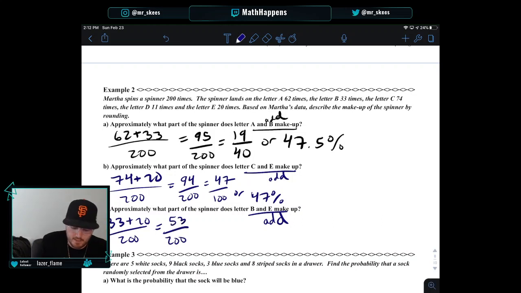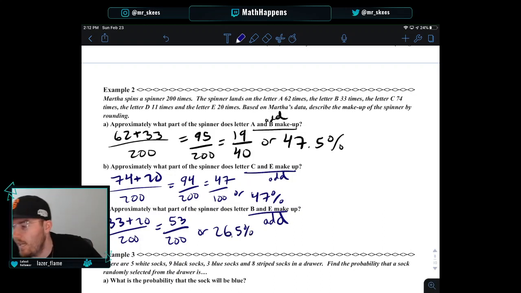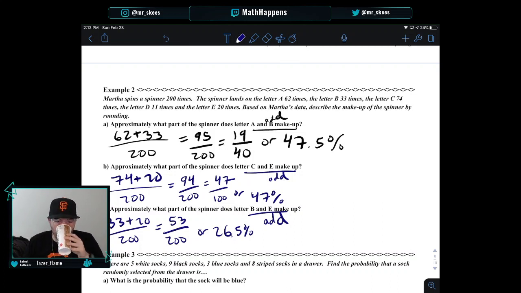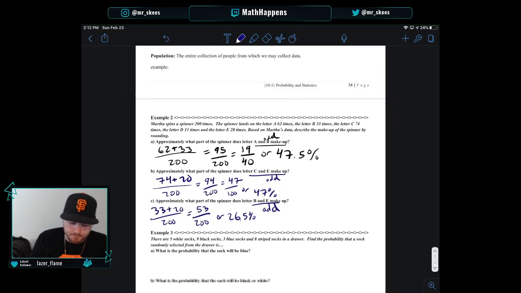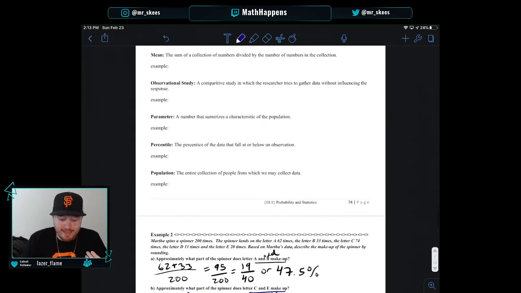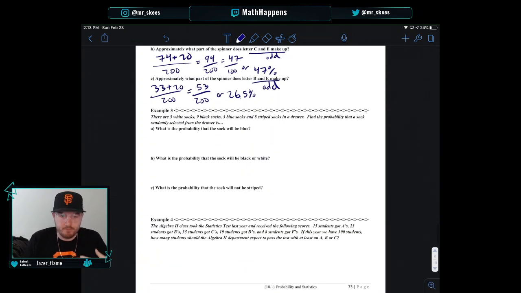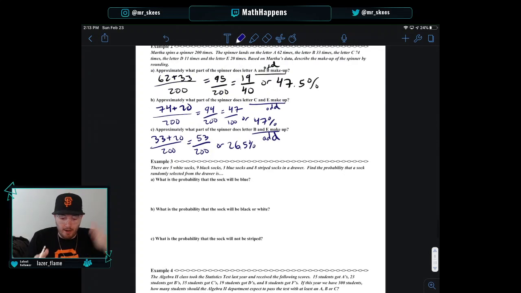That doesn't reduce down to anything, so that's 26.5%. 26.5% of the spinner is B and E. So again, what did I keep using over and over there? Favorable out of total. How many are actually A and B? How many are actually C and E? Those are the favorable outcomes. And then the total is the 200 spins.